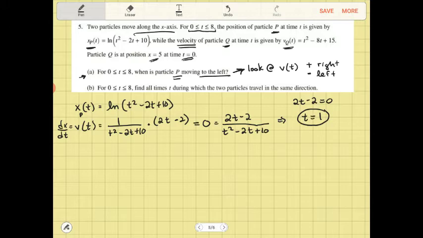I was thinking if I need to worry about the denominator. You probably are thinking the same, but the function is defined, your position is defined from 0 to 8, which makes me think the velocity should be defined as well from 0 to 8. You can check if you have a calculator.